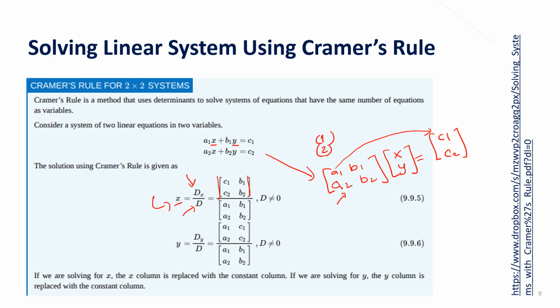You get the determinant of the matrix C1, B1, C2, B2. And then you divide it by the determinant of the matrix of the coefficients. So you have this one, A1, B1, A2, B2. Okay. And then by calculating this, you will have a scalar value, and that scalar value will represent the value of x.